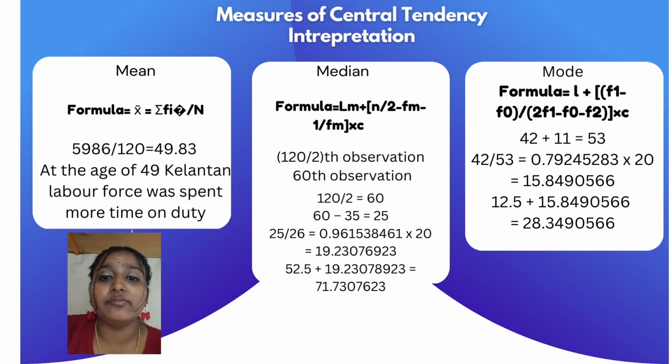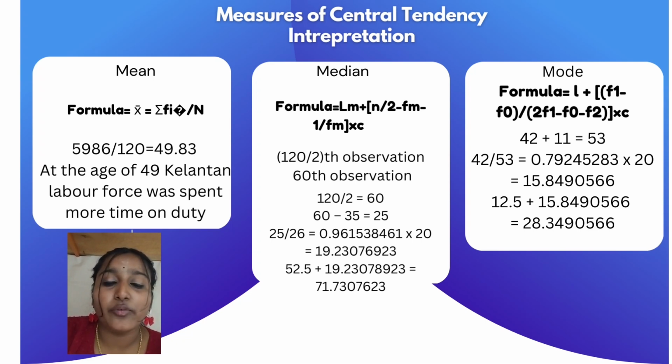The fx for the first class is 945.0, the second class is 1317.5, the third class is 1625.0, the fourth class is 742.50, the fifth class is 615.0, and the sixth class is 741.0. So the total of fx is 5986, and the total frequency is 120.